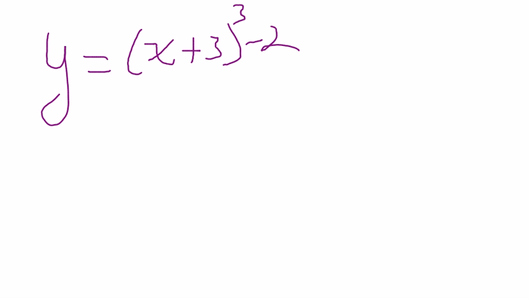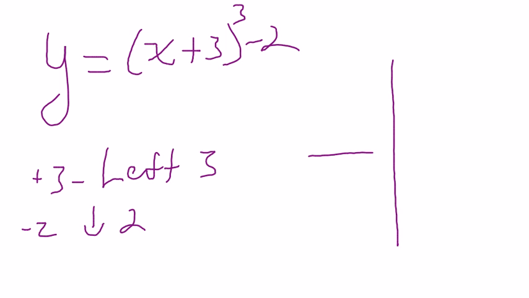Now that you've done it, you should have said the +3 is going to shift it to the left 3. The -2 would shift it down 2. So left 3, 1, 2, 3, down 2.